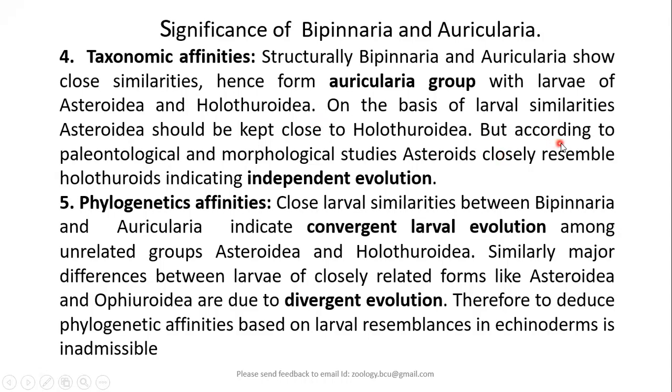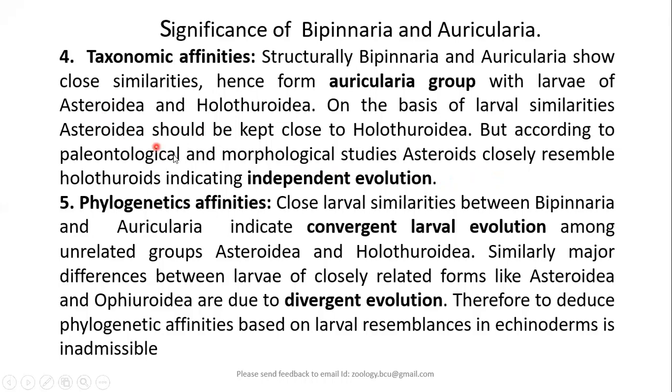So on the basis of larval similarities, Asteroidea should be kept close to Holothuroidea. Isn't it? Both the larvae are similar. But according to the morphological characters, we can see the sea cucumbers don't resemble the morphological features of sea stars.